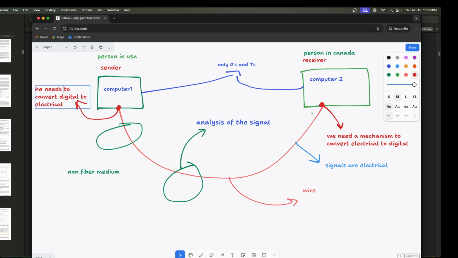So he needs some mechanism. We'll study which is the best one and why to use that mechanism. So basically we are studying the transition the signals are going through.